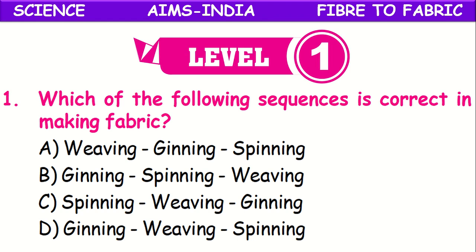That process is called spinning. Then the yarn is made into fabric by the process called either weaving or knitting. So the sequence is: first ginning, then spinning, and finally weaving. By these three procedures in sequence, we get fabric from fiber. So where it is mentioned here, okay, this is the correct answer.